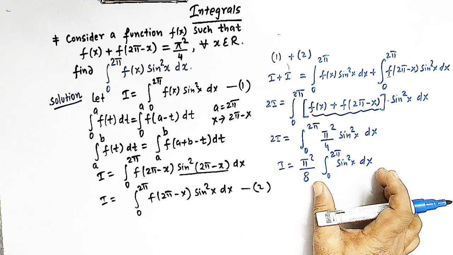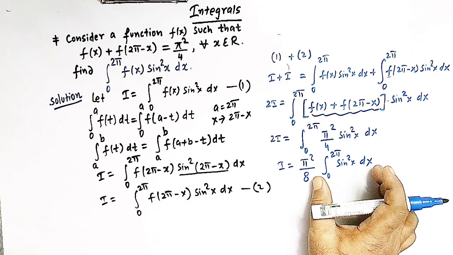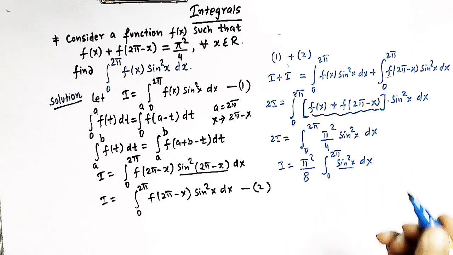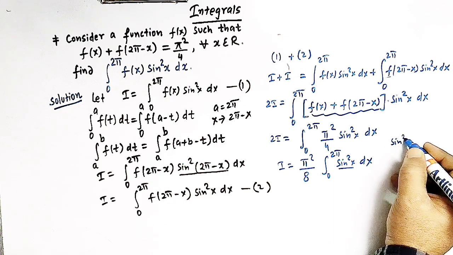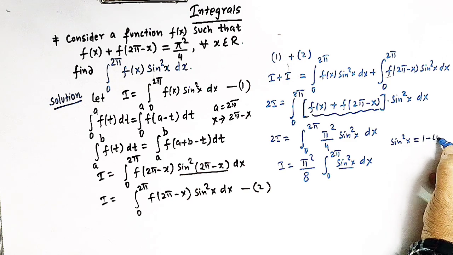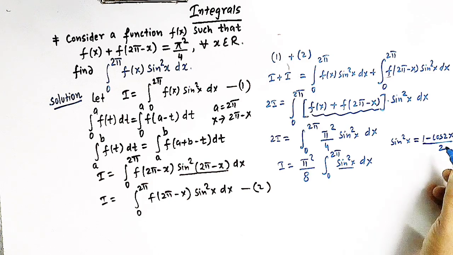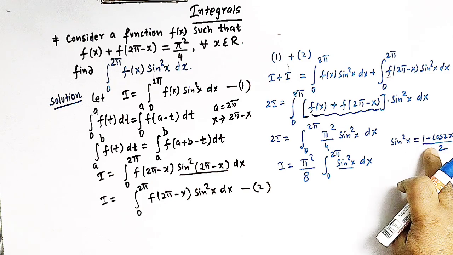So now we have to evaluate this integral, right? So in order to evaluate this integral, let us make use of trigonometry, and we know that sine square x is given by 1 minus cos 2x over 2, right? So from the double angle formula for the cosine function we have this result.